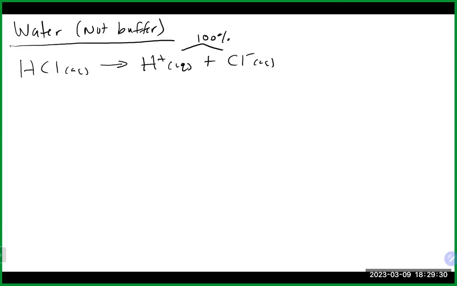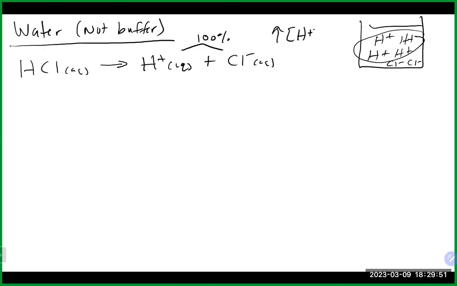But by putting the HCl into that water, we just added a bunch of H plus ions floating around in there, some chloride as well. So we just added a ton of H plus to that water solution, which means the concentration of H plus just went way up, which means we would expect to see the pH go way down.